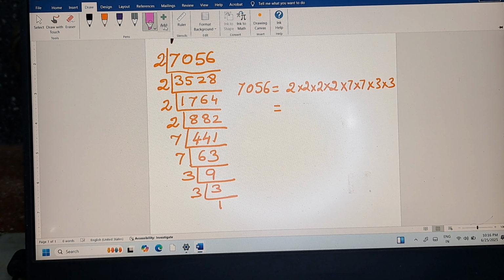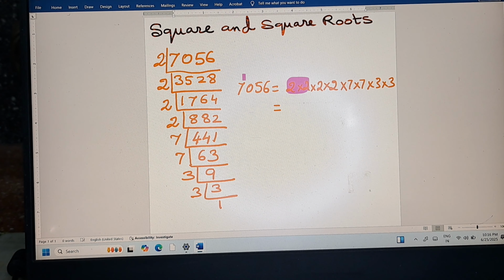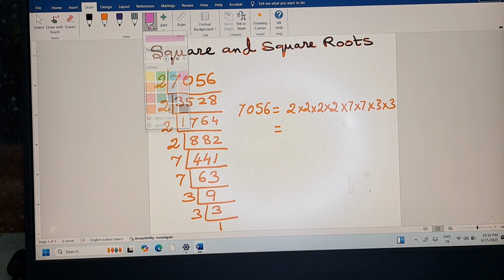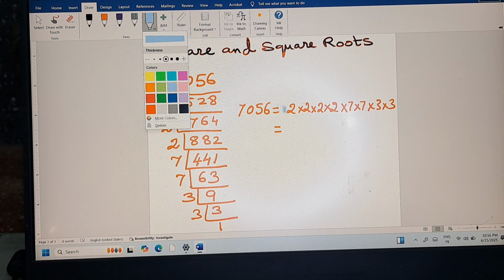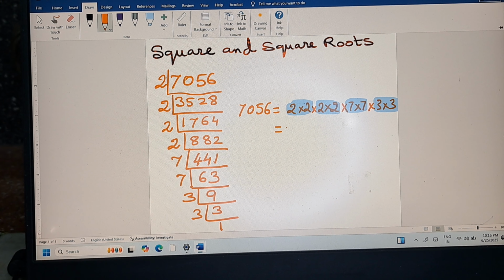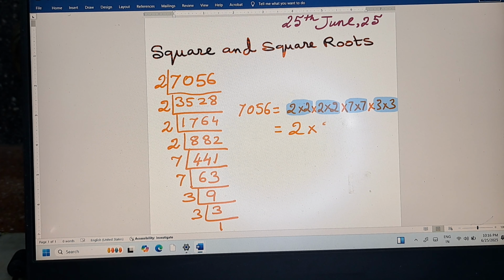So what we have to do over here, we need to do the pairing. Pairing of the numbers. So I am going to get 2, one more 2, 7 and 3.